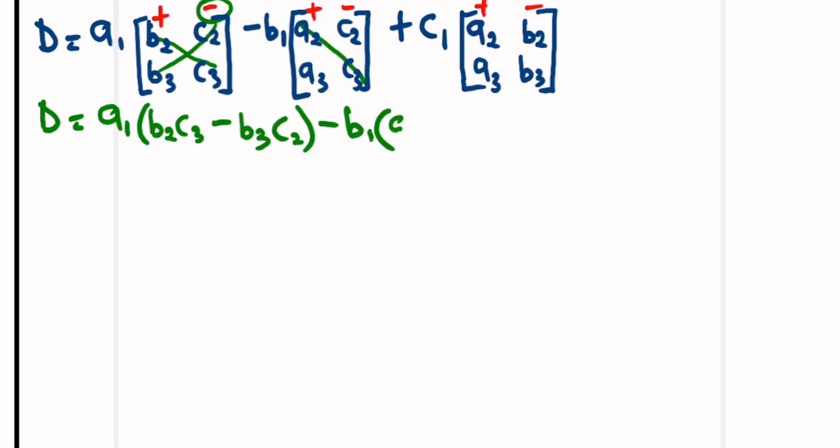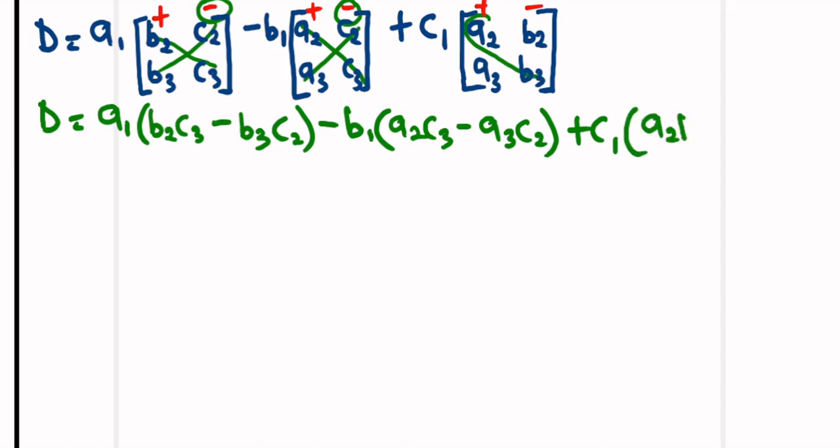So we have A2 times C3, and then minus the second diagonal, which is A3 C2. Then we'll have plus C1, multiplying the first diagonal, A2 B3, and then our minus sign, and the second diagonal is A3 B2.